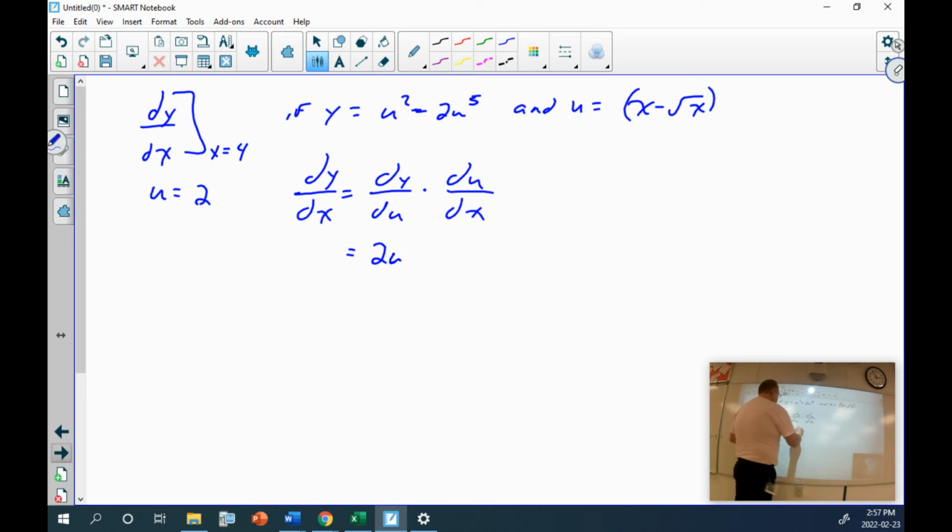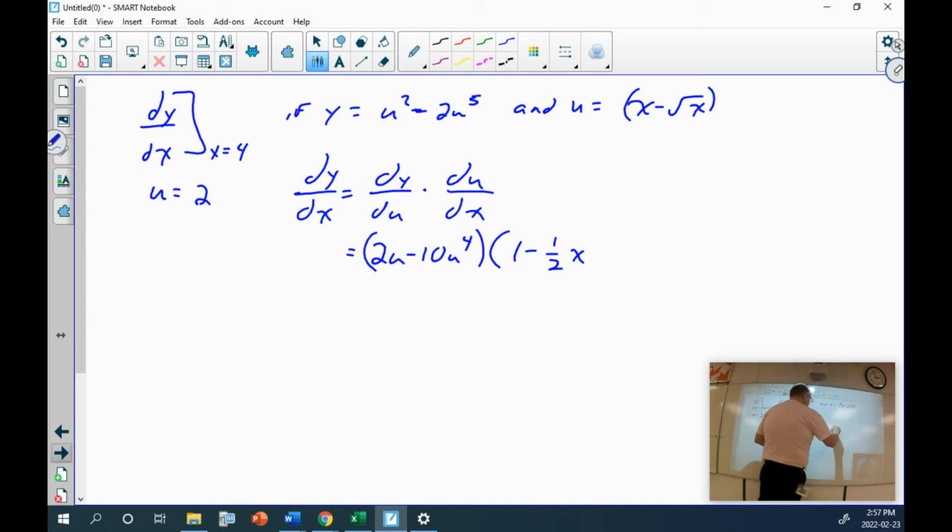So we have 2u minus 10u to the 4th times 1 minus 1/2 x to the negative 1/2.